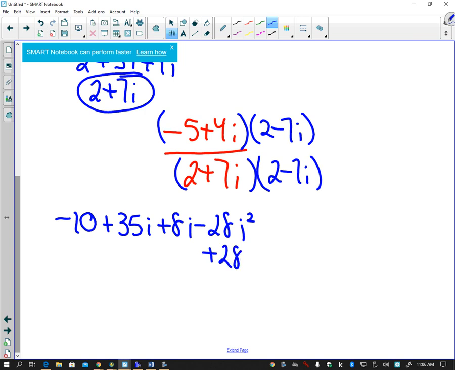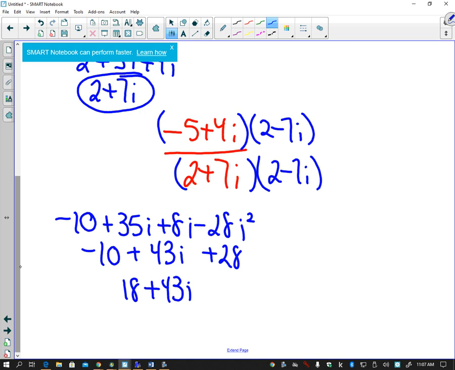Combine my like terms here. I've got 35i and 8i, which is what? 45i? No, that's not right. 43i. And I've got negative 10 and positive 28, so it's going to be 18. 18 plus 43i.